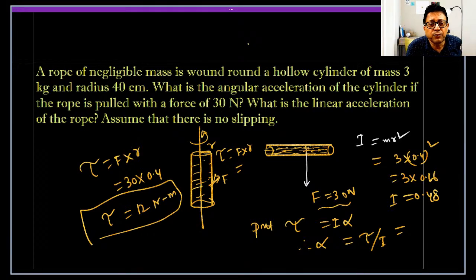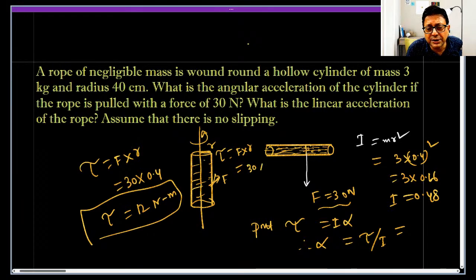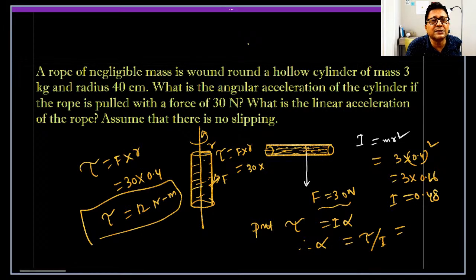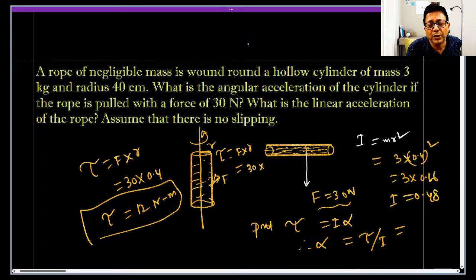Okay, so that force 30 Newton into radius. What is the radius? 0.4 meter. Oh, tau I have calculated here, sorry. Tau is done before, that is 12 Newton meter. So put it there now to get alpha.